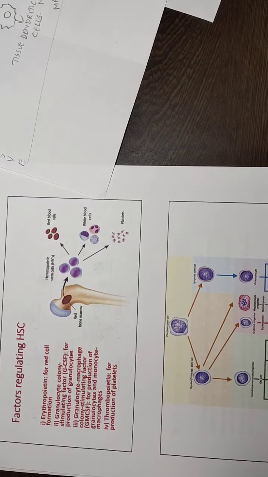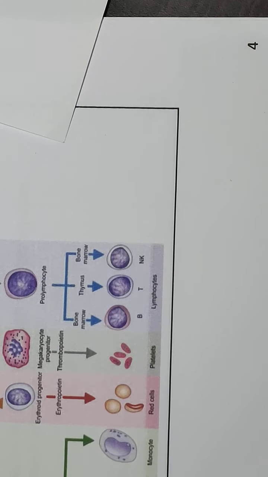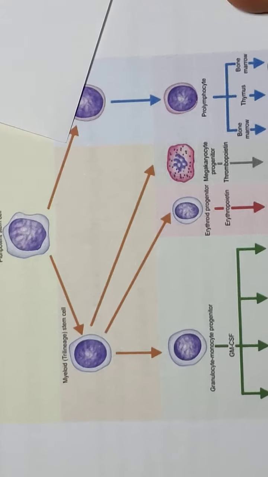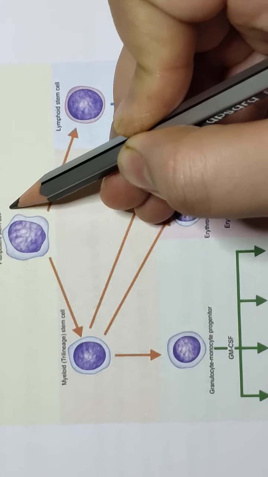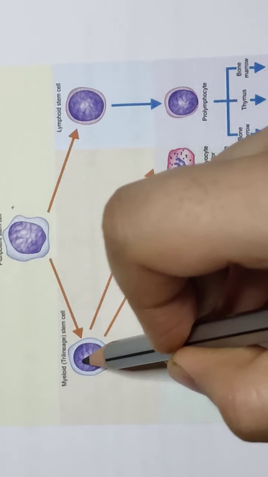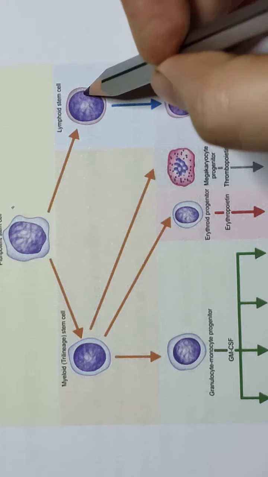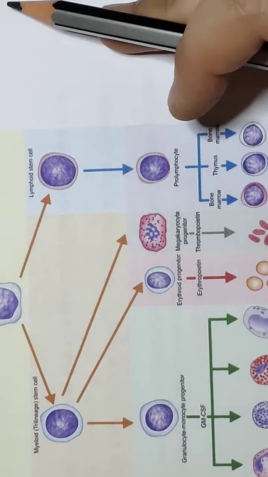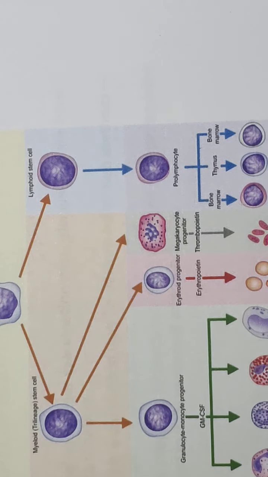Now, coming to the thing that I've shared, here you can see the hematopoietic stem cell will give rise to lymphoid progenitors and myeloid progenitors. The lymphoid progenitors will form lymphoblast.